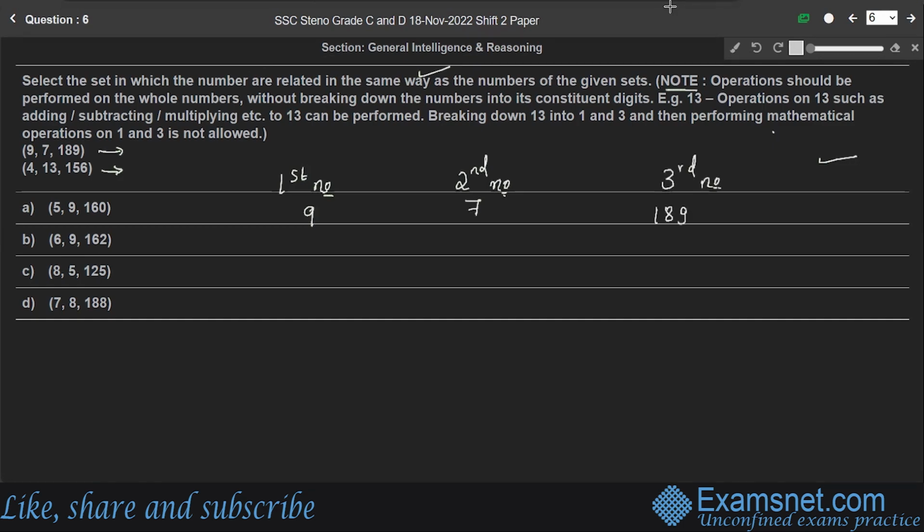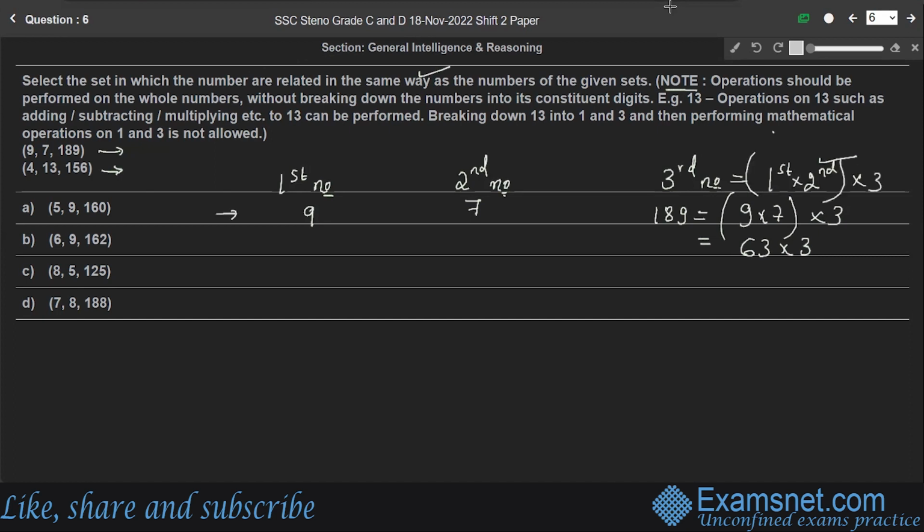So this 189 can be written as 9 into 7 into 3. So 9 into 7 is 63, into 3 is equal to 189. Therefore, the third number can be written as first number into second number into 3. Very simple logic.